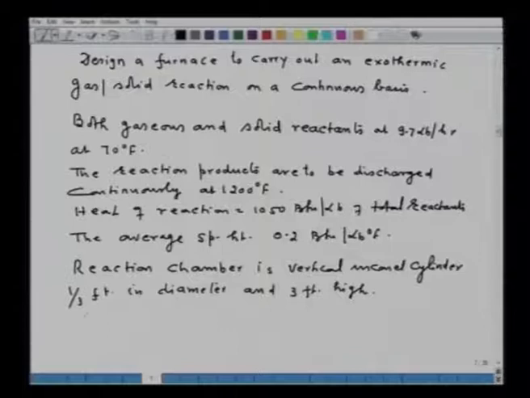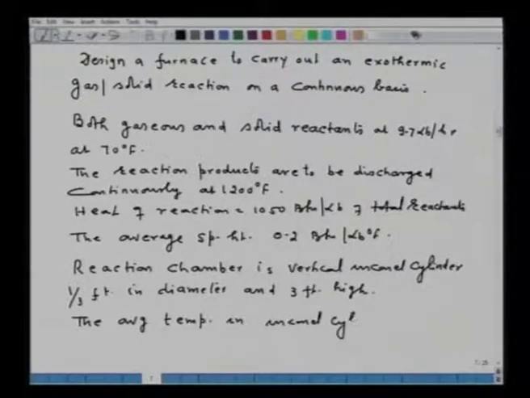The average temperature in the inconel cylinder is maintained at 1200 degree Fahrenheit.